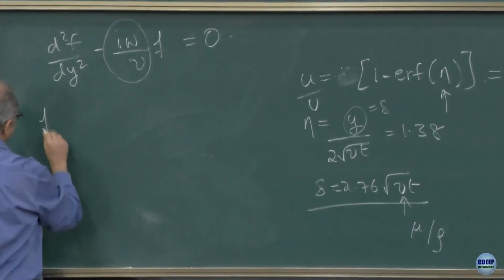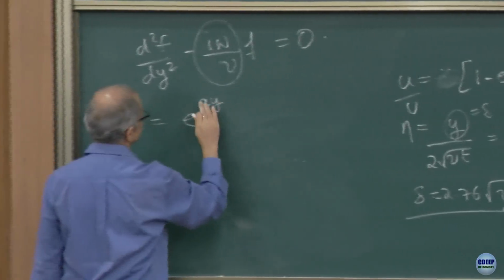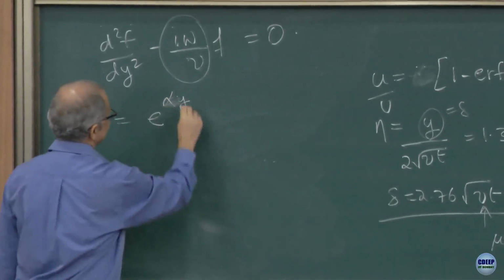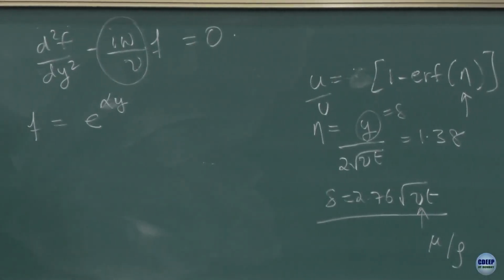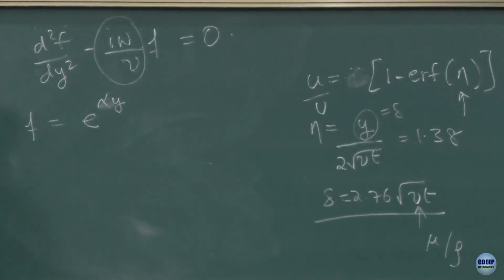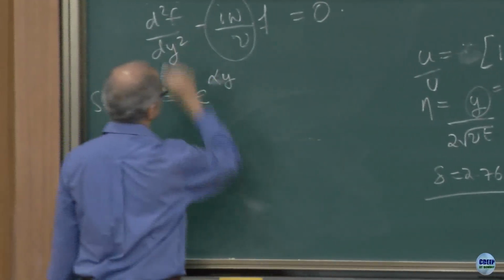We simply say that f is going to be exponential of, let us say, alpha y. You seek solution of this form. And I'm going to now substitute in here.